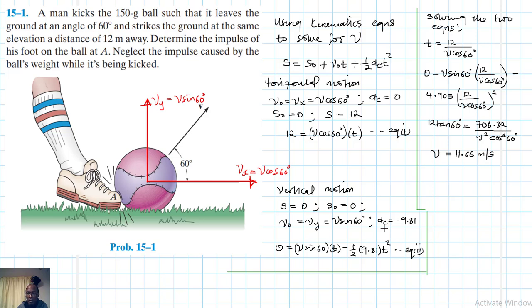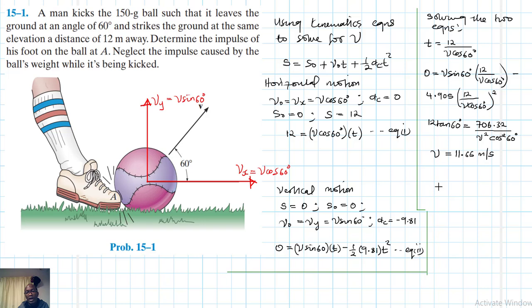Then we have cos 16 squared times 12 tan 16. Then 706.32 divided by the answer, and then square root of that.